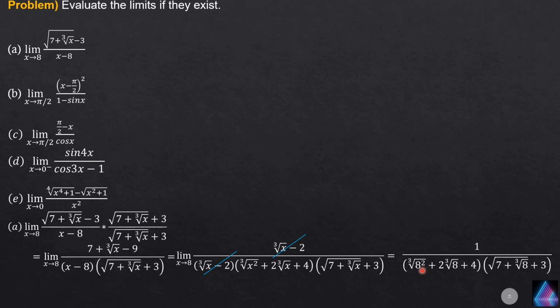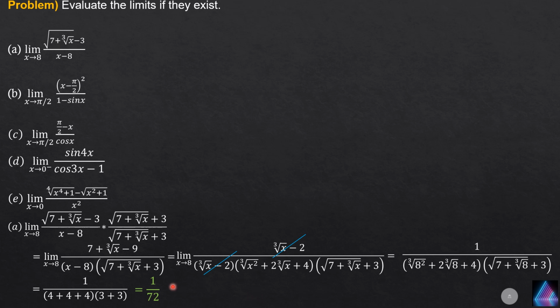This is 4. Cube root of 64 is 4. 2 cube root of 8 is 2 times 2, so another 4. Then plus 4, that's 12. Square root of 7 plus 2 is square root of 9, which is 3 plus 3 is 6. So that is 1 over 12 times 6. So that would be 1 over 72. So that's the answer to the first problem.